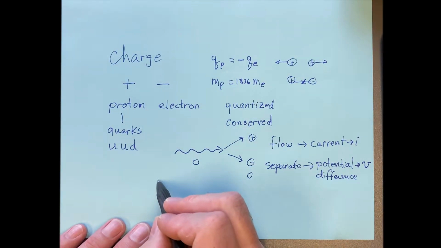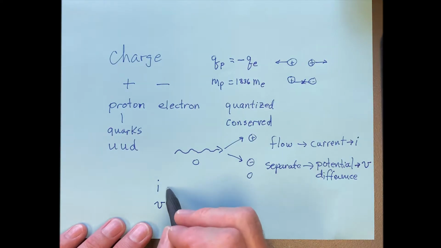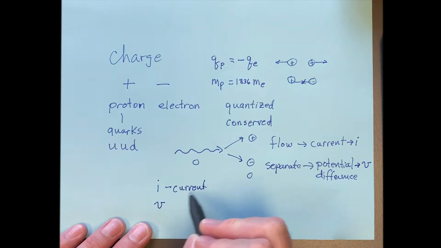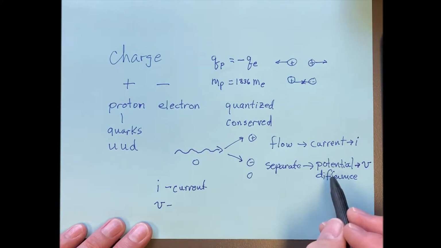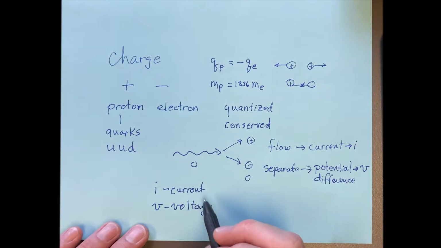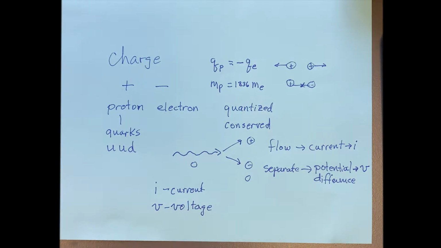So these two, I and V, stand for current and potential difference, which has another common name, voltage. So we will talk about currents and voltages as we go through the course.